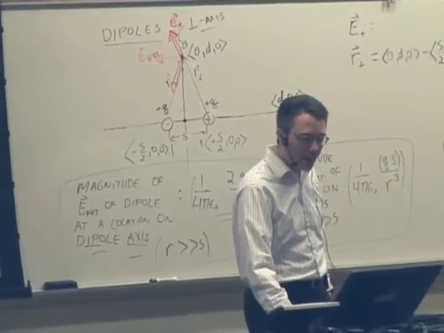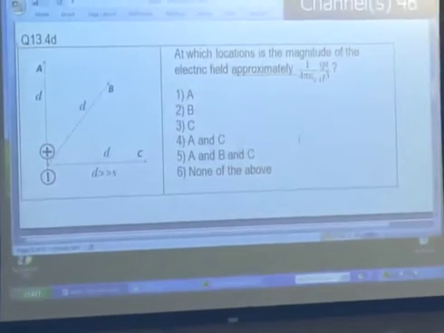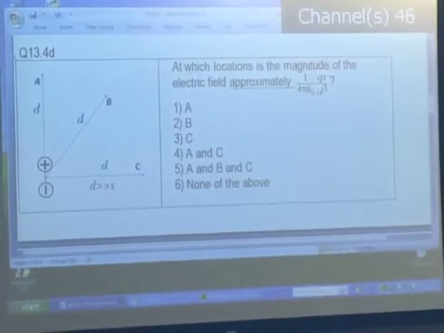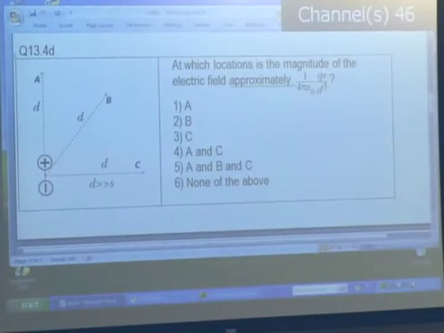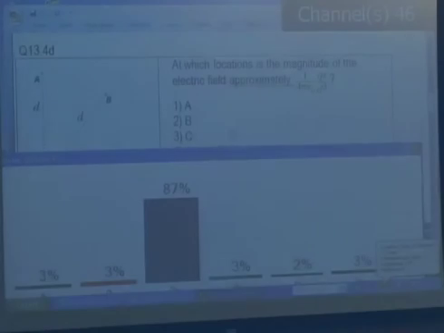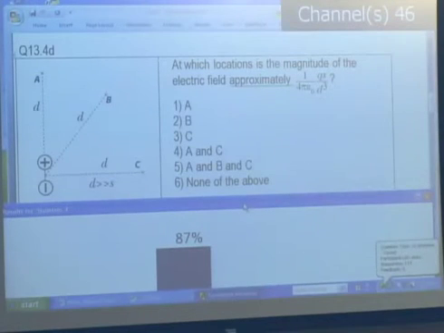Let's try another one. At which locations, A, B, or C, or maybe combinations of them, is the magnitude of the electric field approximately 1 over 4 pi epsilon 0 QS over D cubed? Where, again, S is the separation, D is the distance from the center to A or to B or to C. 87% say answer number 3, C, which is correct, right?